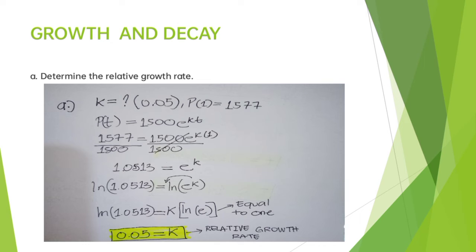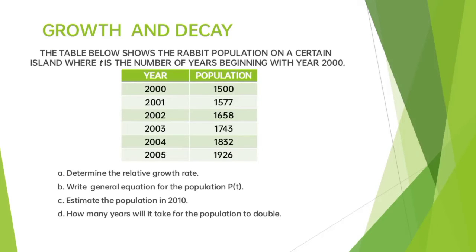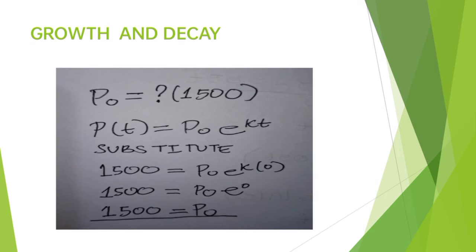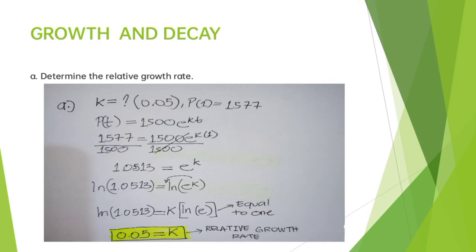Let's use 1,577 to get K. So, 1,577 equals 1,500 e raised to K times 1, since that is the time. Divide both sides by 1,500.